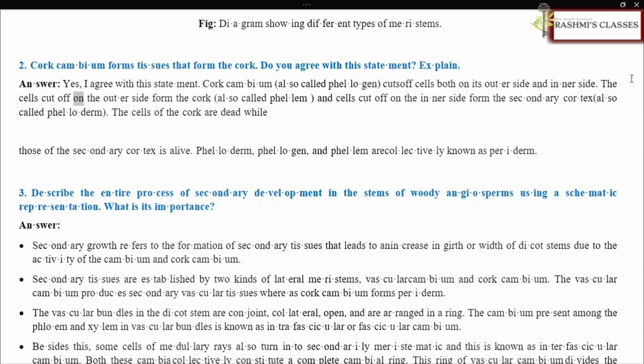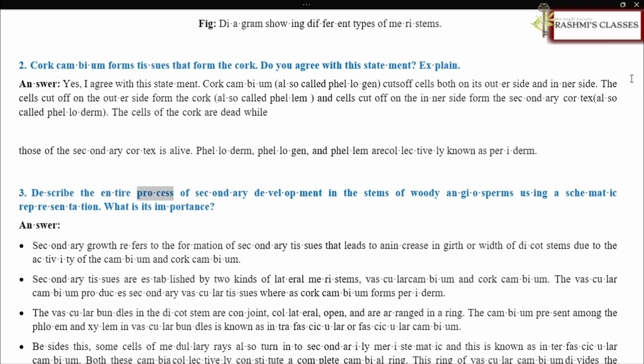The cells cut off on the outer side form the cork, also called phellem, and cells cut off on the inner side form the secondary cortex, also called phelloderm. The cells of the cork are dead while those of the secondary cortex are alive. Phelloderm, phellogen, and phellem are collectively known as periderm.